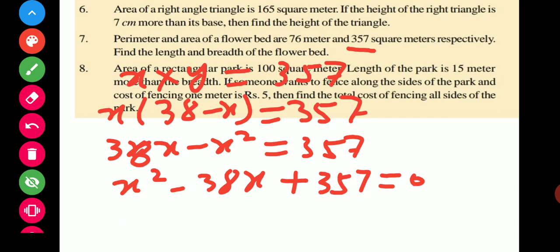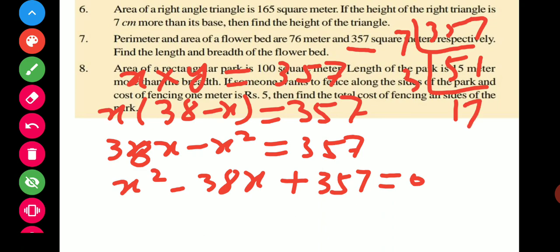So you can do it easily. How can we do it? First of all we can check here, 357 divided by 7, 7 times 5 is 35 and 7 times 3 is 21, and the other factor is 17. So it is 28 and it is 21 and 17. So 21 plus 17, that is 38.